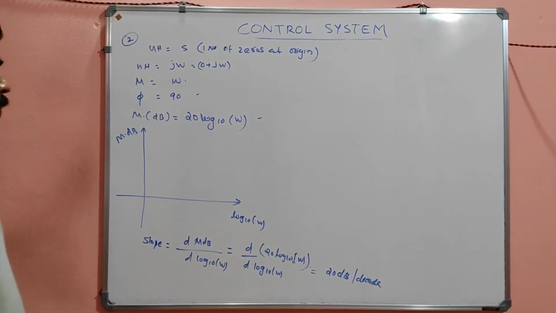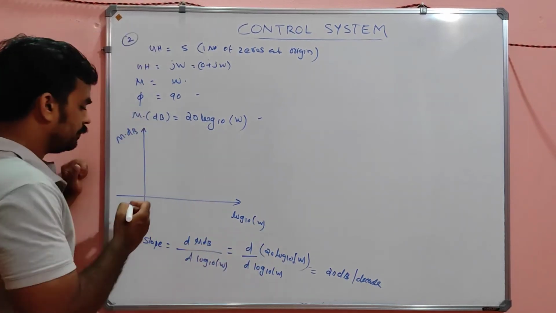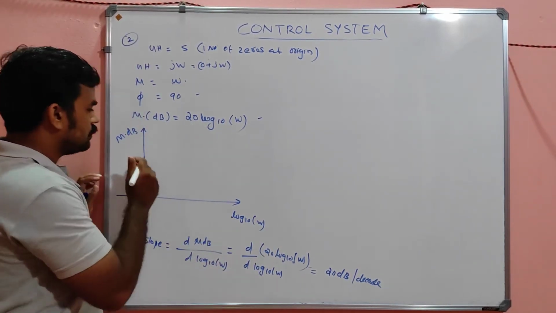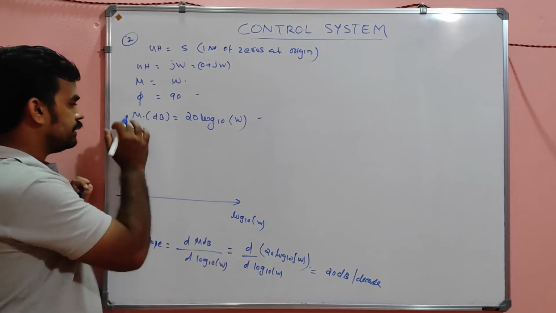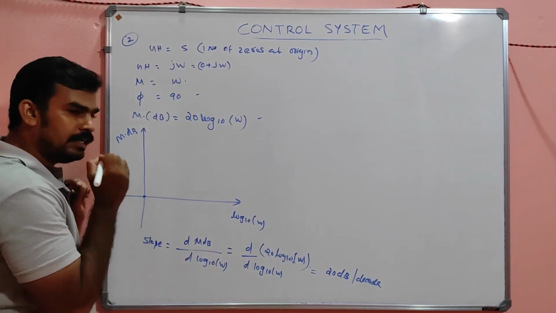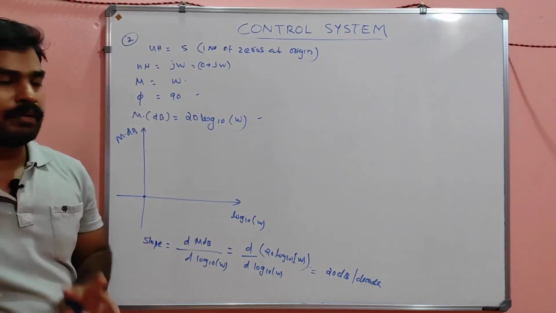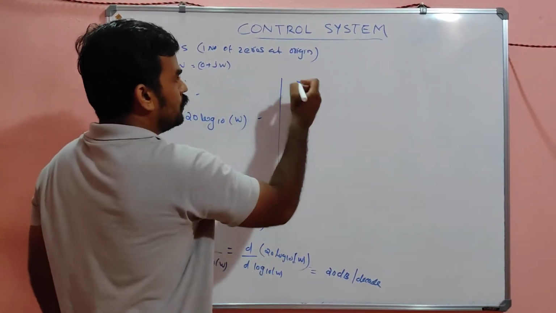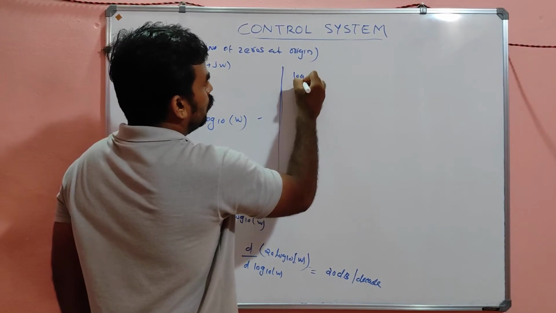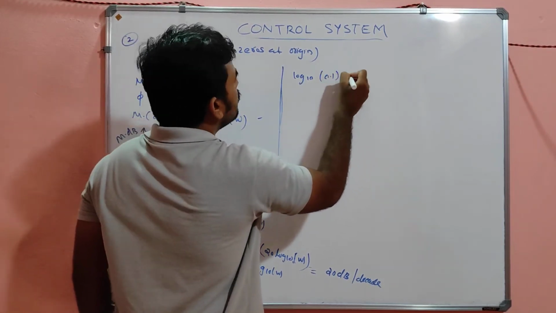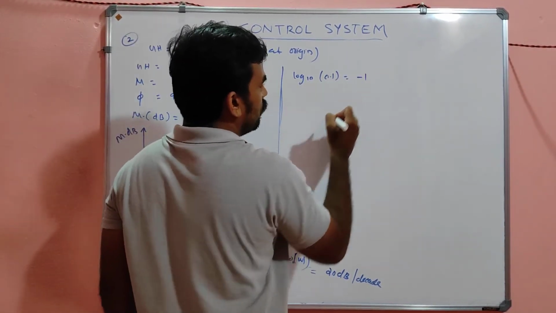And what happens? See, my dear, in the log 10 omega versus M dB graph, there is no point at 0, because log 10 to the base 0, I already told you, is not defined. But I already told you one thing, my dear. Log 10 to the base 0.1 is defined. It is nothing but minus 1.